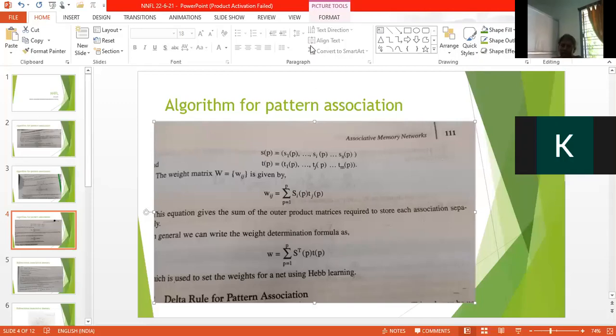So I want you people to understand this with an example. Okay, let me consider the example. So here two input row vectors are considered.